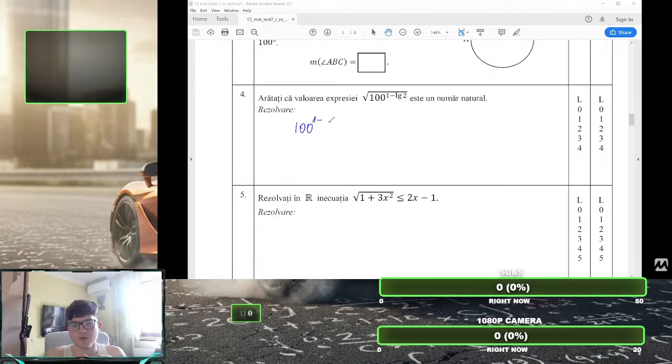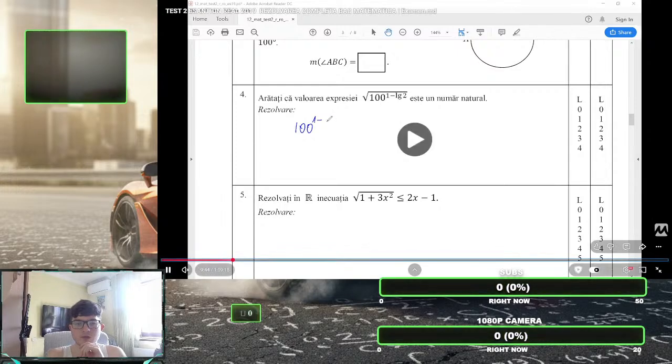So what you do here, you put the ten base so it's clear, and then the 100, you put it as 10 to the power 2, right? So you're just going to multiply 2 with a whole power, and then you're just going to work from there. I'm going to see how it is, use some properties, and it should be alright.